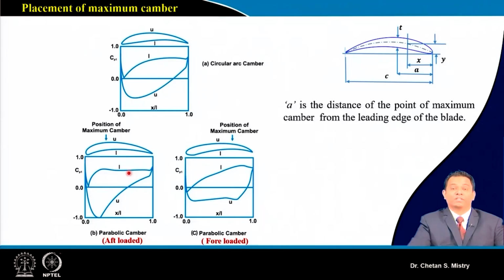Okay, so with this parabolic arc camber line, aft loaded, you will be having this kind of CP distribution. Similarly, suppose I shift my maximum camber to the later part. Just look at this part, this is what is happening on my upper surface, or suction surface.